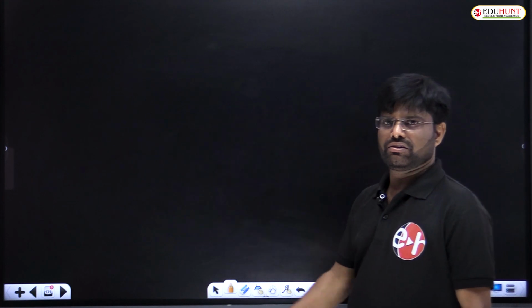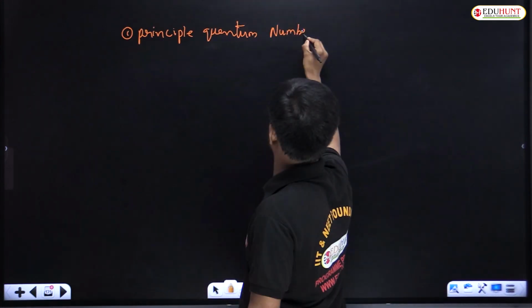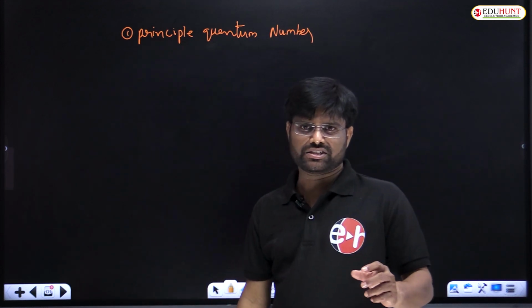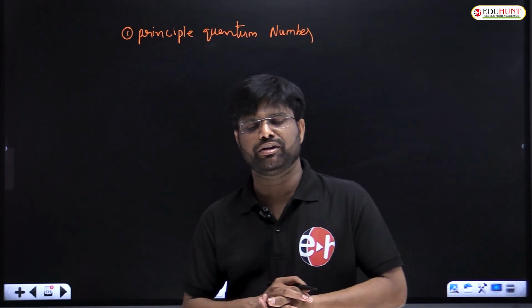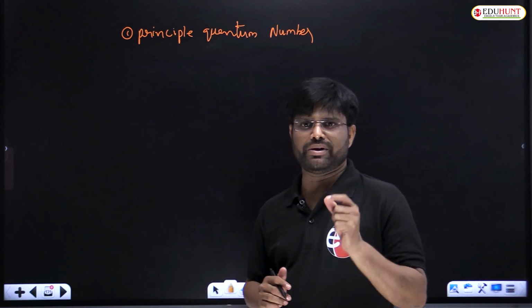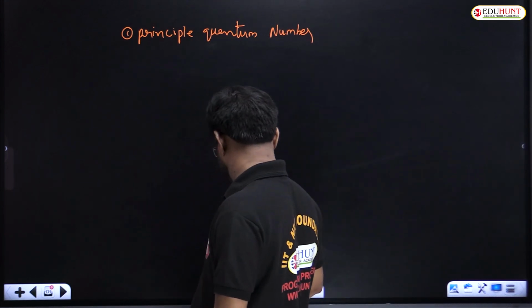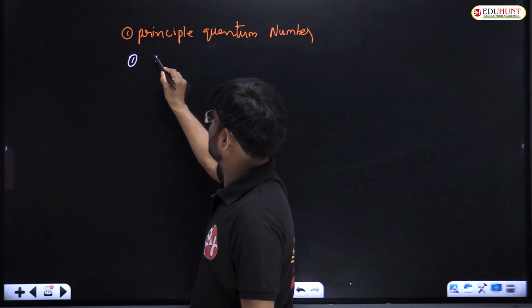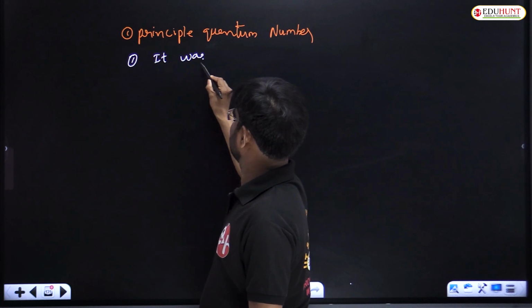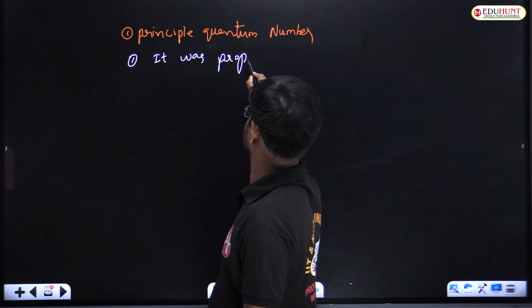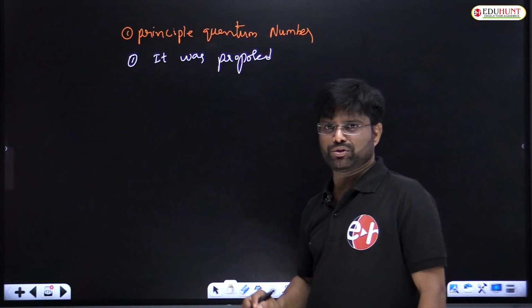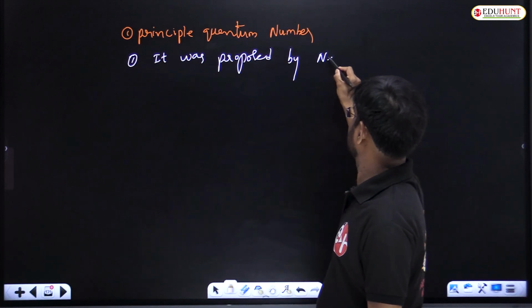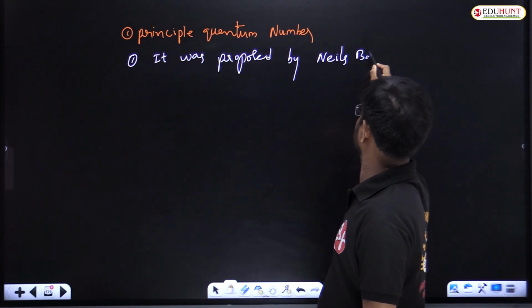So the first one is the principal quantum number. Let us discuss the principal quantum number. Who proposed this quantum number? Bohr. First point: it was proposed by Niels Bohr.